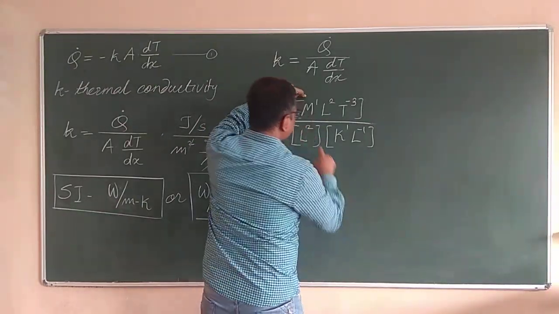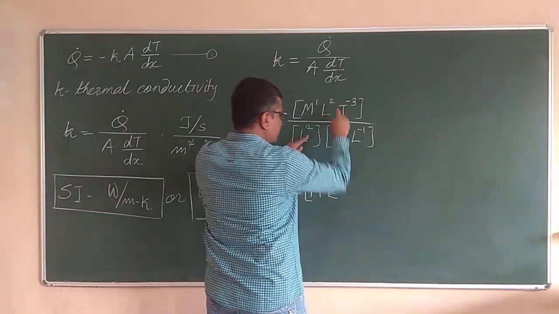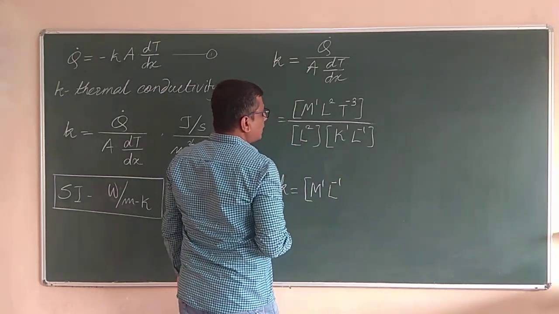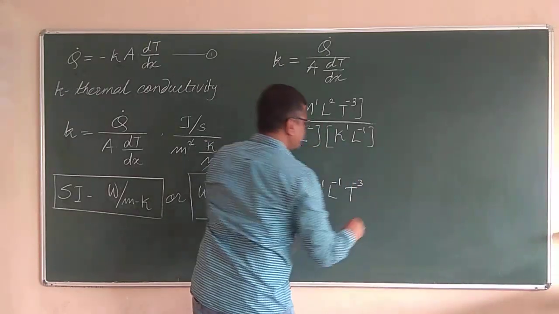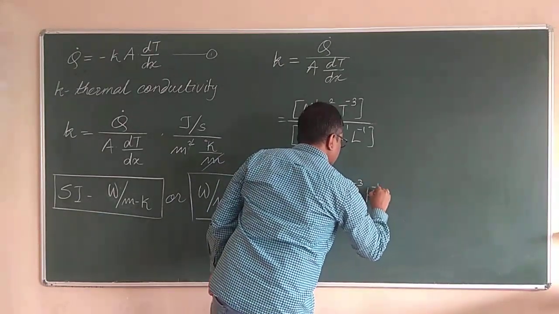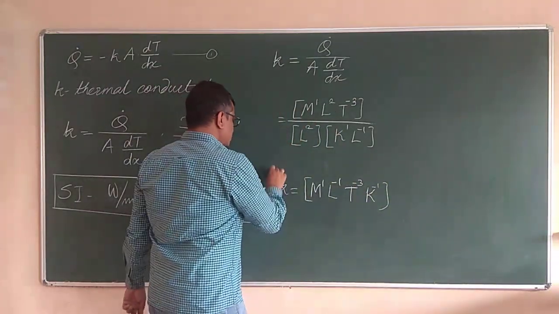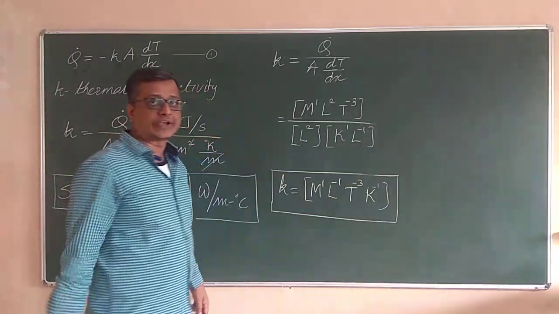Then L to the power, so this is L minus 1, L2, so L1 goes to the numerator, so 2 minus 1 will be minus 1. T to the power minus 3. And K to the power minus 1. So K stands for the term Kelvin.